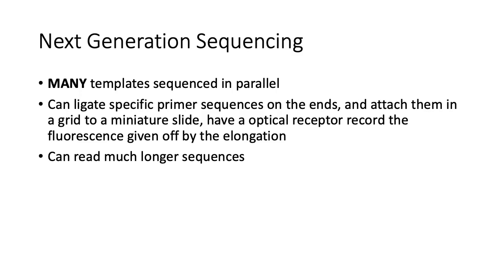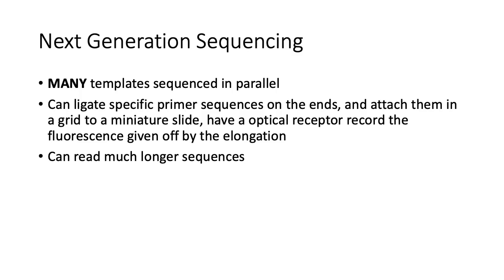And you can basically perform the polymerase chain reaction with the chip in the test tube. Well, it's not really in a test tube. You've got a chip underneath an optical scanner, and the PCR is done directly underneath the optical scanner.